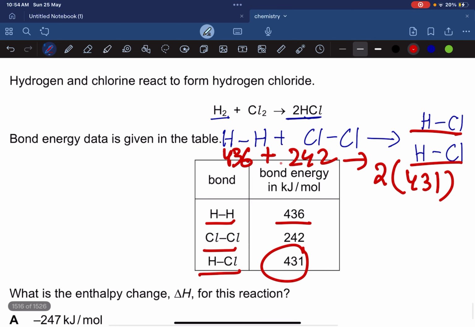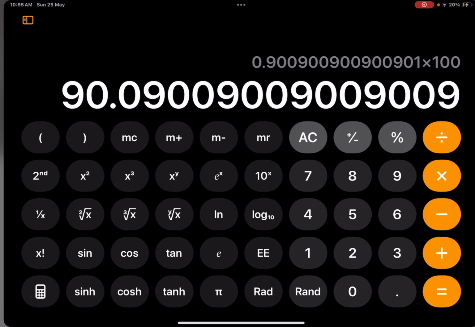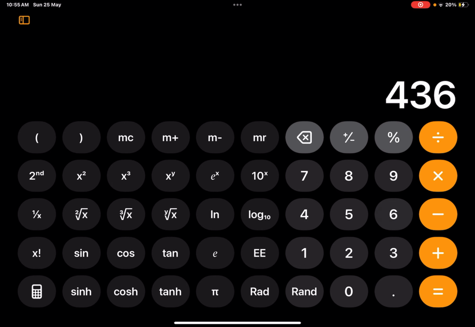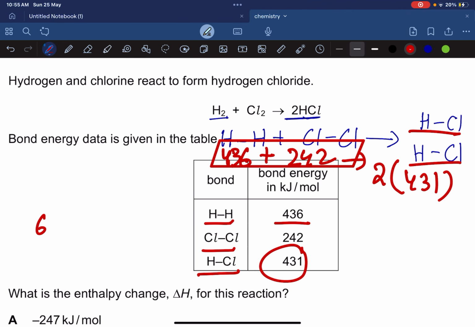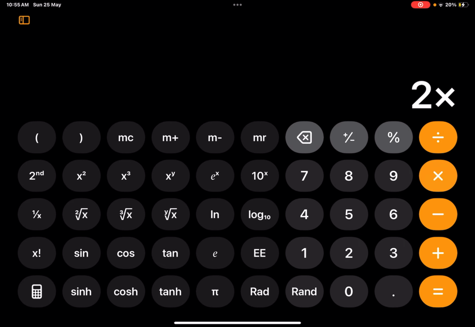Let's figure out how much energy we're consuming for bond breaking. 436 plus 242 gives me 678. So 678 is the energy going into the system, and the energy coming out gets subtracted. So 2 times 431 makes 862.